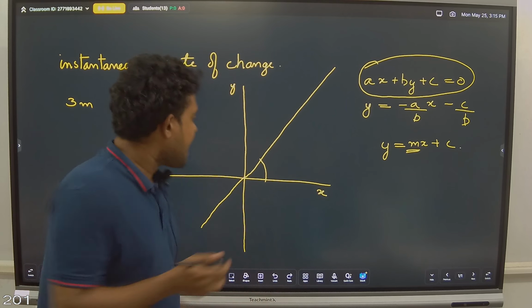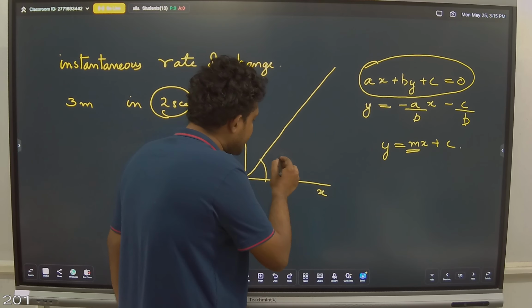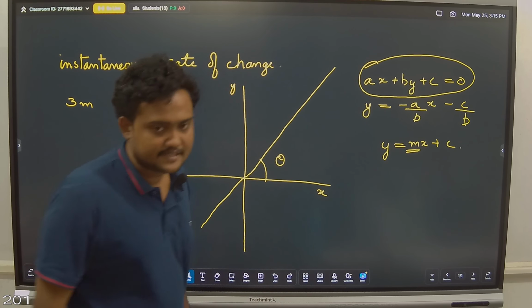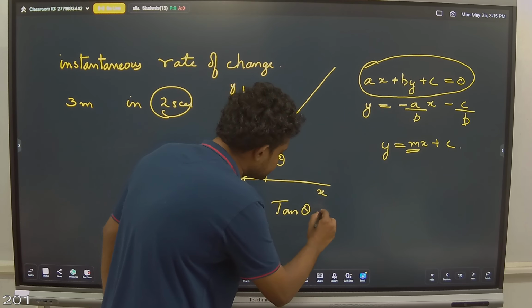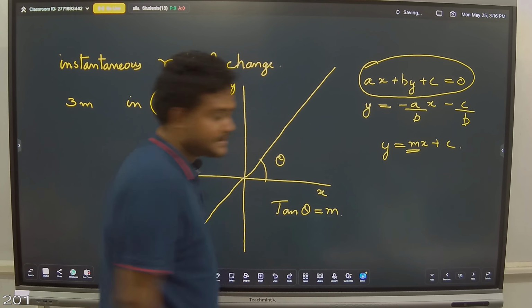If the angle made by the line with the positive direction of the x-axis is theta, then tan theta is equal to m, right?